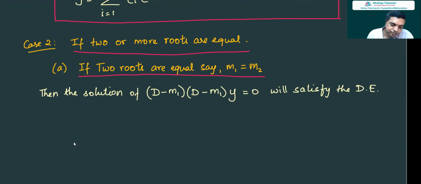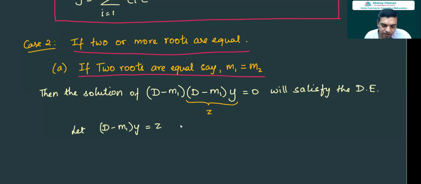So here we will assume this as z. So let (D - m1) y be equal to z.